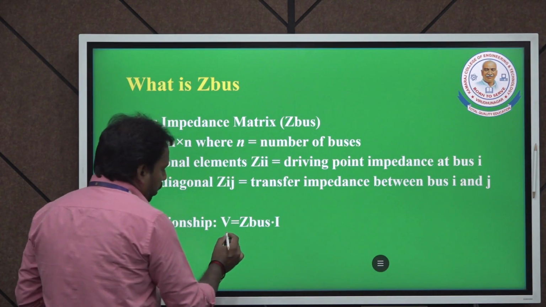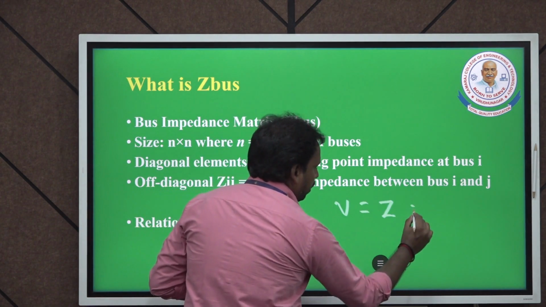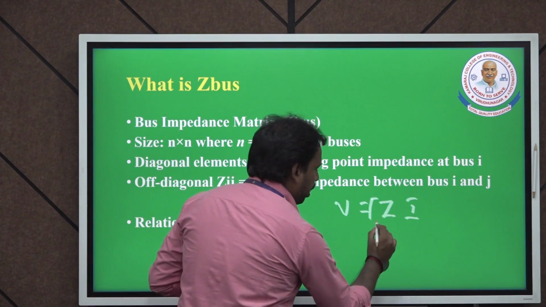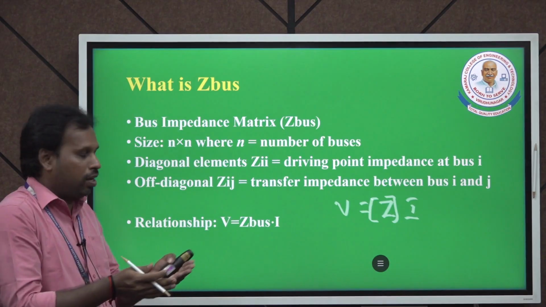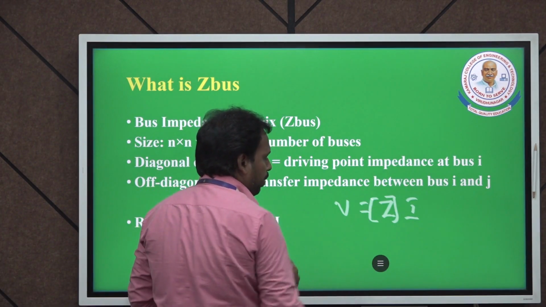We normally know the equation V equals Z into I in an AC system. Here Z is the impedance, which we give in matrix format, that is the Zbus matrix.